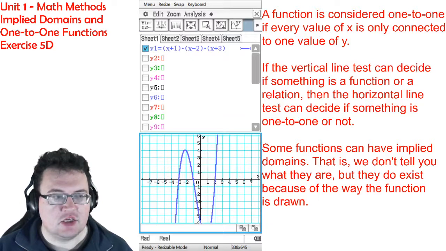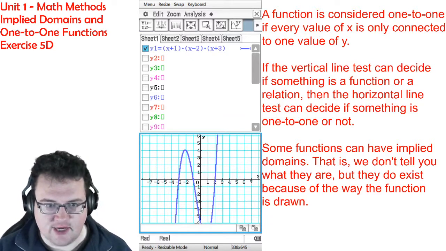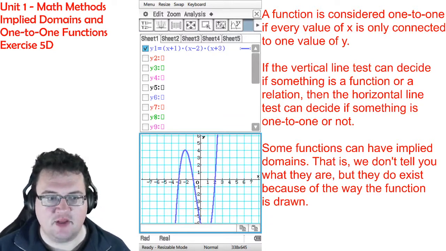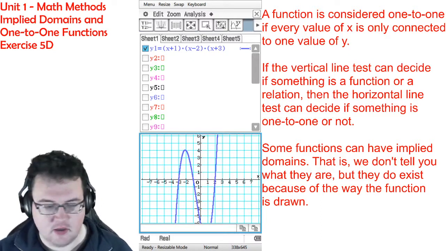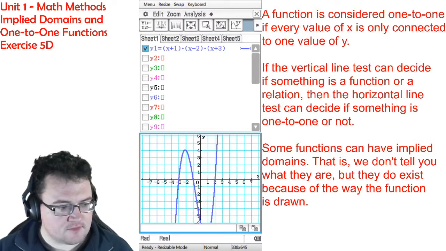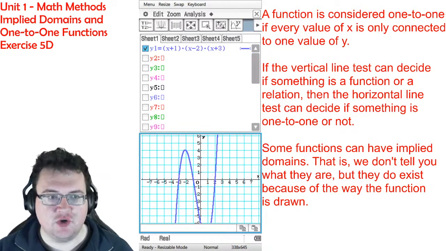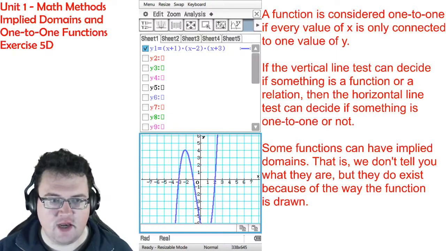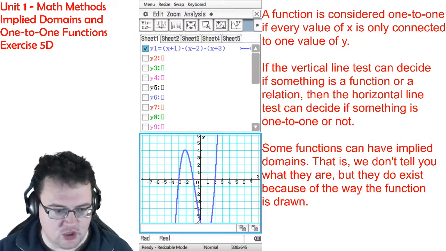So a horizontal line test is how we decide if something is one-to-one or not. The tricky thing is deciding when to apply it and when not to.